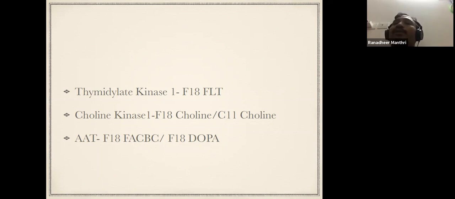So these are overexpressed in tumors. FLT is only expressed in the dividing cells. That's why the marrow will show uptake. Choline is expressed in the tumors or wherever there is membrane synthesis. Like this, we are targeting another hallmark of cancer. Next slide, please.